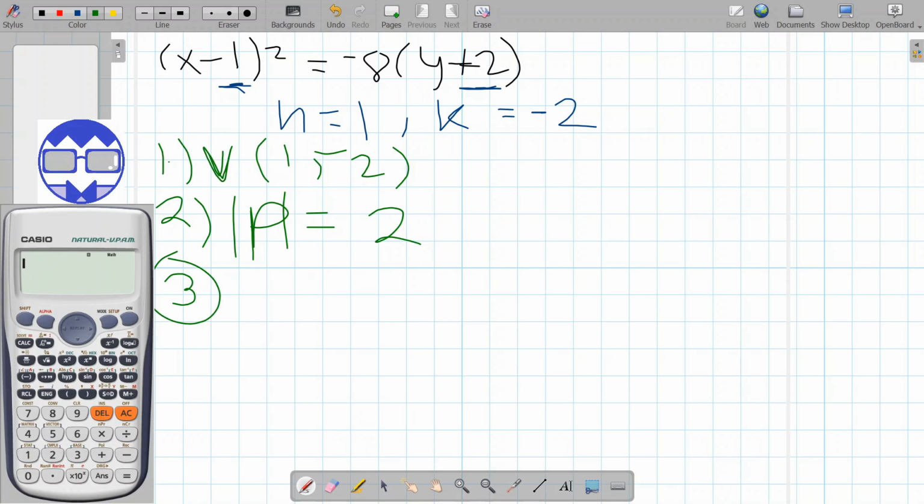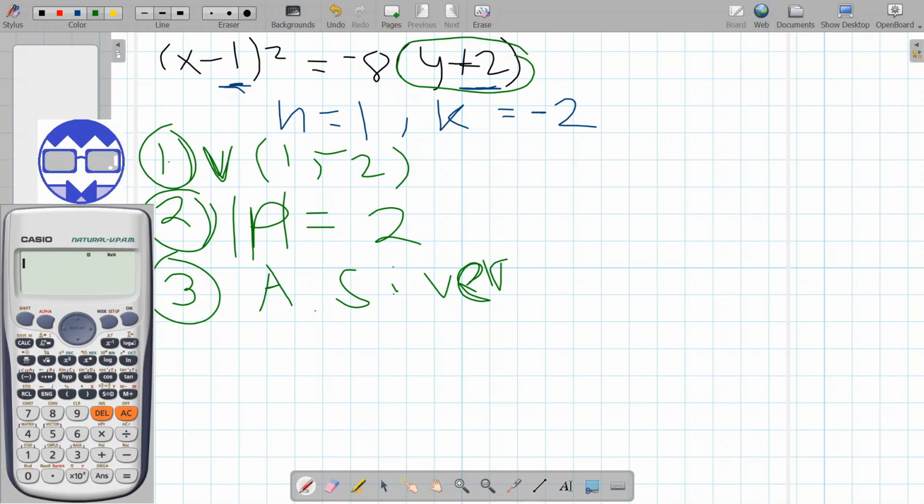3. So what's the axis of symmetry? Take note, it's y plus 2, that does not contain the square, or it contains the least exponent, which is 1. So the axis of symmetry, I just put AS, is vertical.